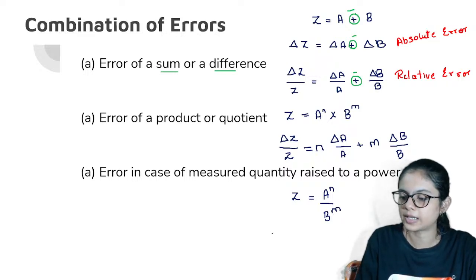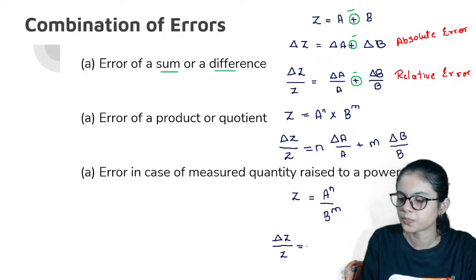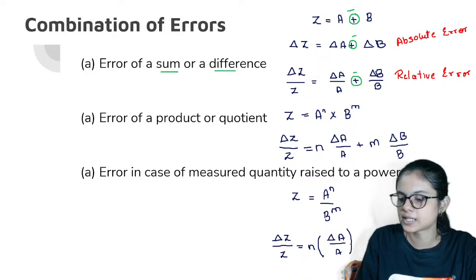Delta z by z equals, again n comes down, right? n into delta a by a, plus, so it is the same as that of multiplication.